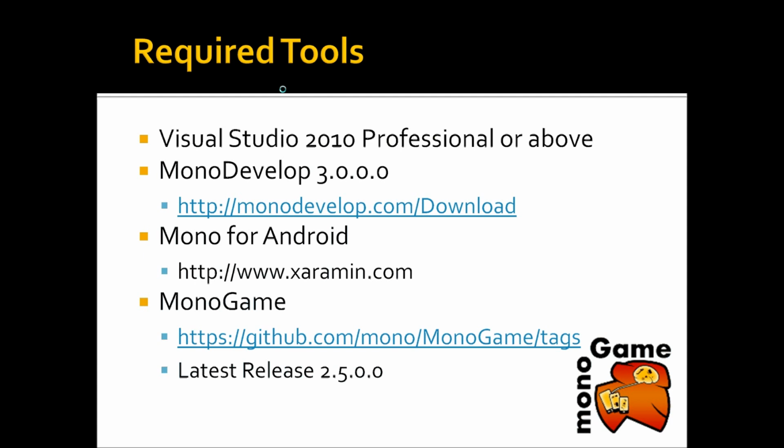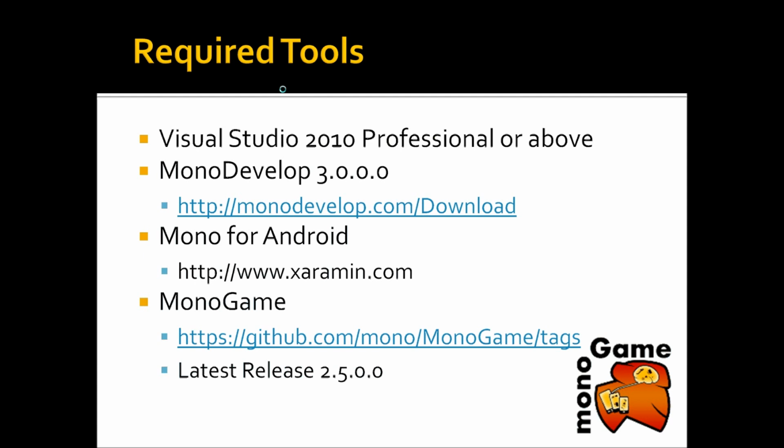You'll actually need a copy of Mono for Android as well. Before the SDK developments that we're going to go through in a second, developing a game with Mono for Android and MonoGame actually required you to have a device to test on, because the emulator only supported software rendering.